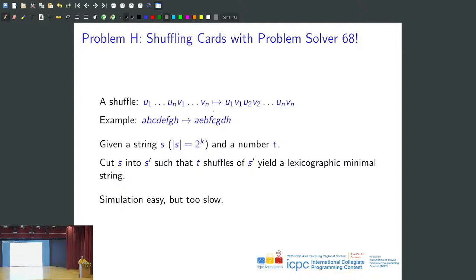And now you say, okay, you shuffle t times, and then of course you get some result. And t is less than k, because if you shuffle k times, then you get the same as it was in the beginning.